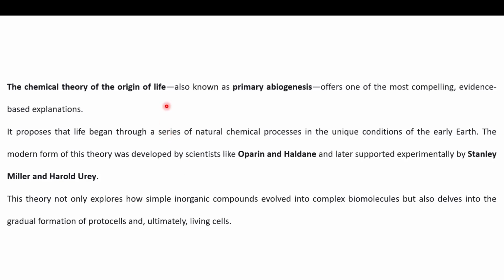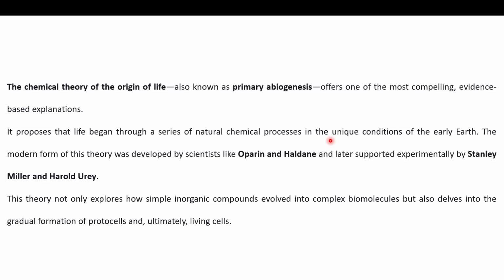Finally, based on scientific and experimental evidence, the chemical theory or primary abiogenesis came into the picture, which offers one of the most compelling evidence-based explanations. It proposes that life began through a series of natural chemical processes that were amenable in the early conditions of Earth.